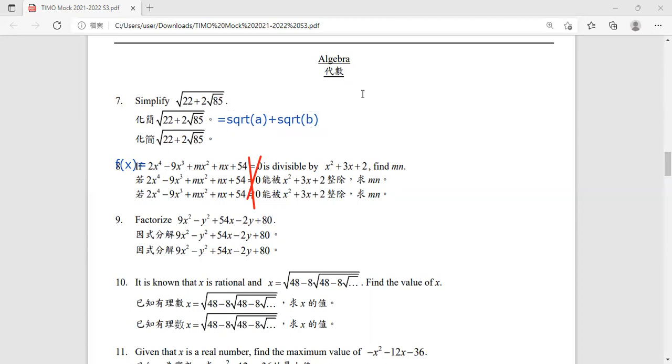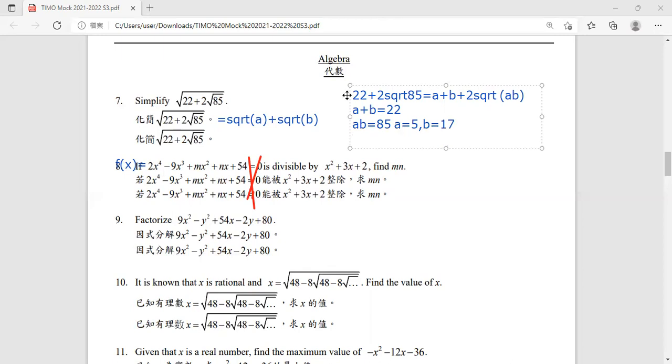You will get 22 plus 2 square root of 85 equal to a plus b plus 2 square root of ab. Then you compare both sides, because the square root terms will be the same. You will find a plus b equals 22 and ab equals 85. It is obvious that a is 5 and b is 17, or vice versa.